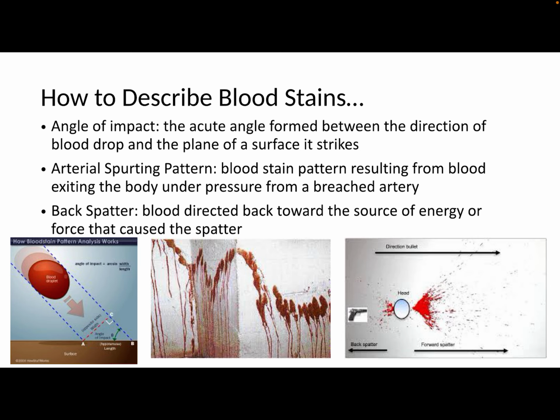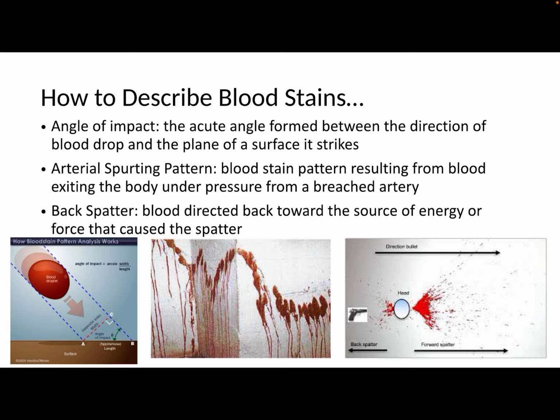And every time your heart beats, it will spray blood out. So this is shown in the picture in the middle, where it's a very irregular pattern. So notice that you have spots that have a lot of blood and then gaps. It's because every time your heart beats, it would spray blood and then pause, spray blood and then pause.